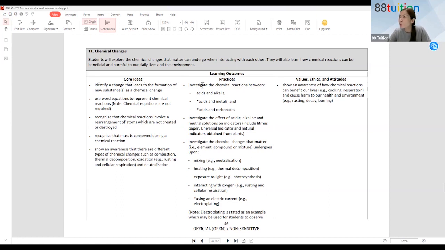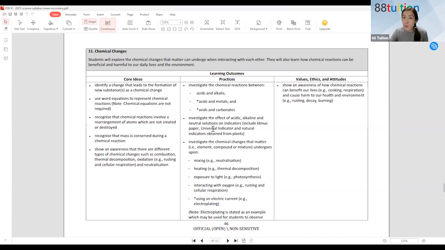You also must know the chemical reactions between acid and alkali, acid and metal, acid and carbonate. Then what are the effects of acidic, alkaline, or neutral solutions on indicators? You must know litmus as an indicator, blue to red or red to blue.